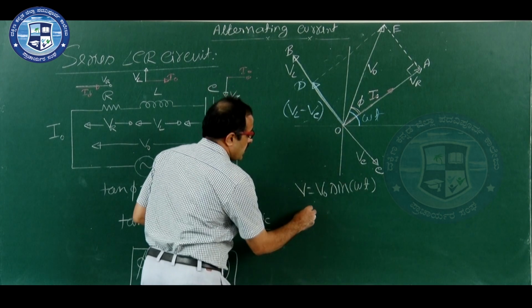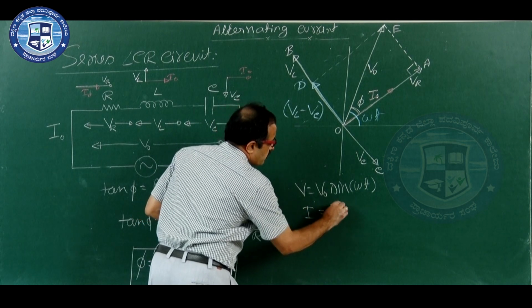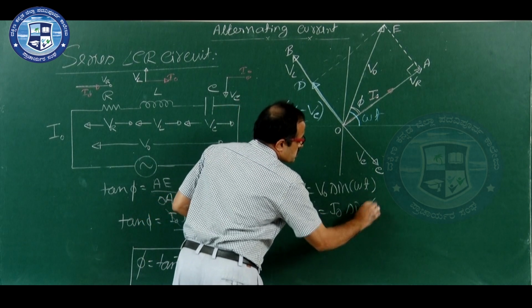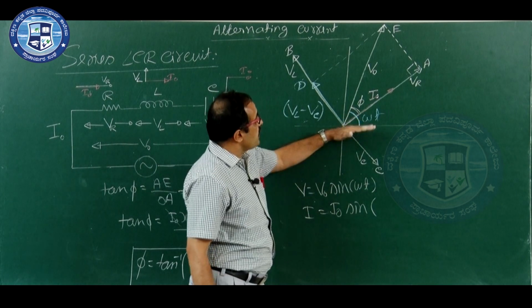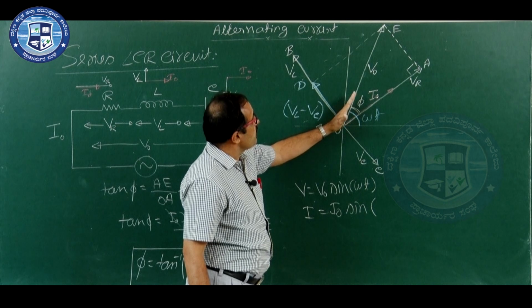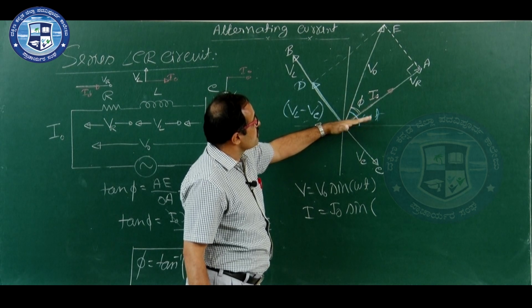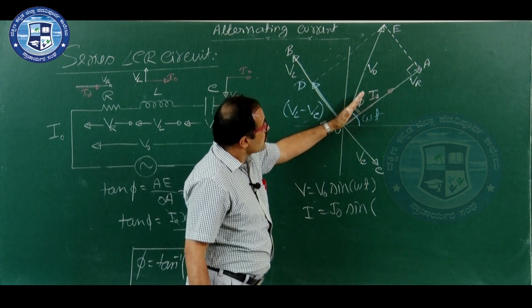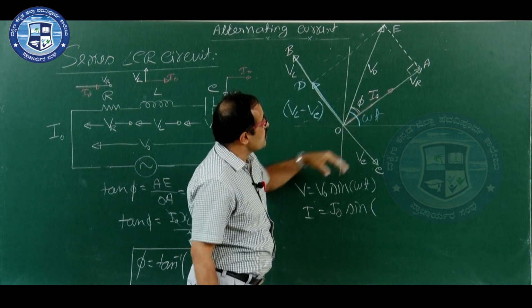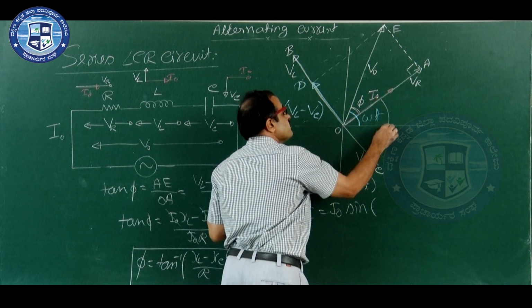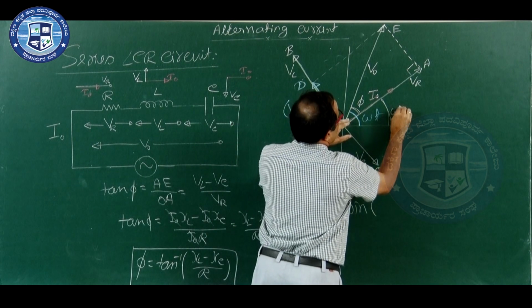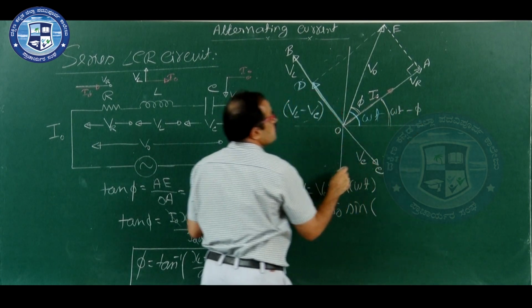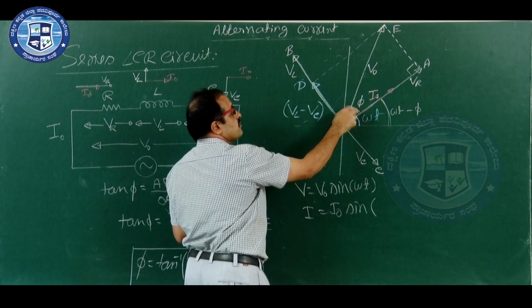And current I is equal to I naught sin, what is the phase angle for current from here to here? Anti-clockwise omega t, then clockwise phi, because this is the phase angle for current, and we know this angle is equal to omega t minus phi.